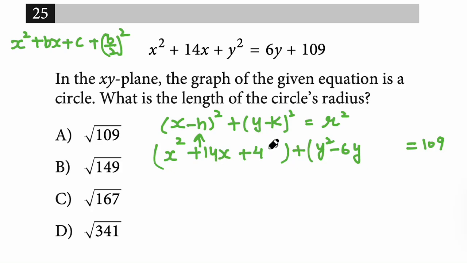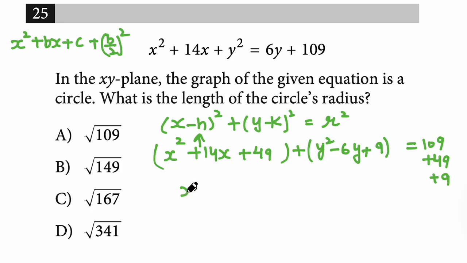So the square of 7 is 49. Now if I'm adding it on the left hand side, it should be done on the right hand side too. Similarly, here 6 by 2 is 3. So the square of 3 is 9, here as well as here. Now you will say that it is negative 6 and it is positive 14, so why are we adding, right?